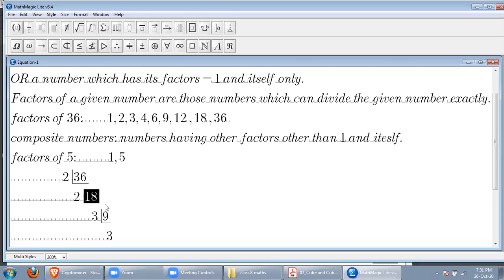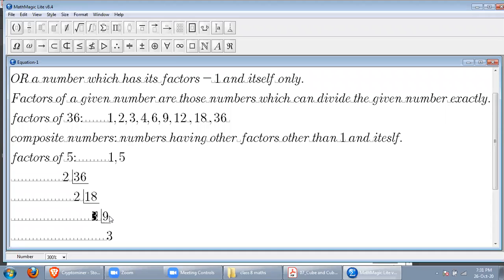Now check number 9. Is 9 a prime number? No. Then you check what prime number can divide the new dividend, that is 9. Can it be divisible by the smallest prime number? No. Then go to the next prime number, which is 3.